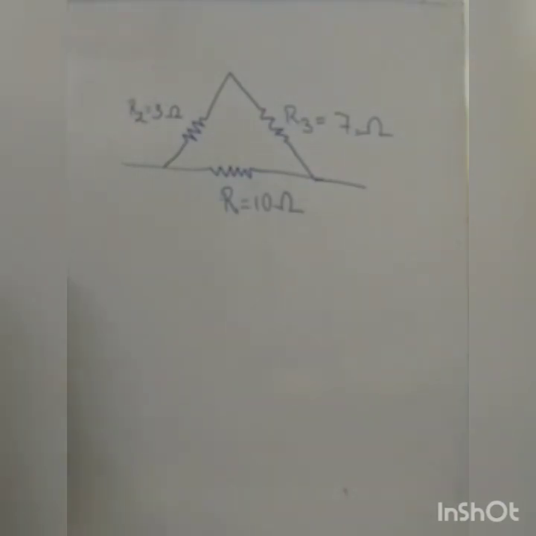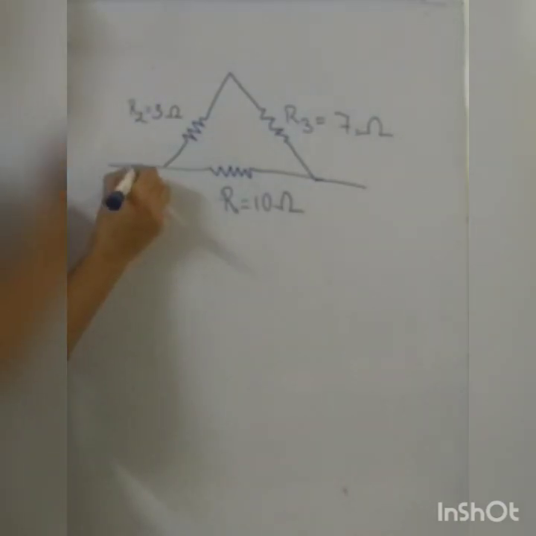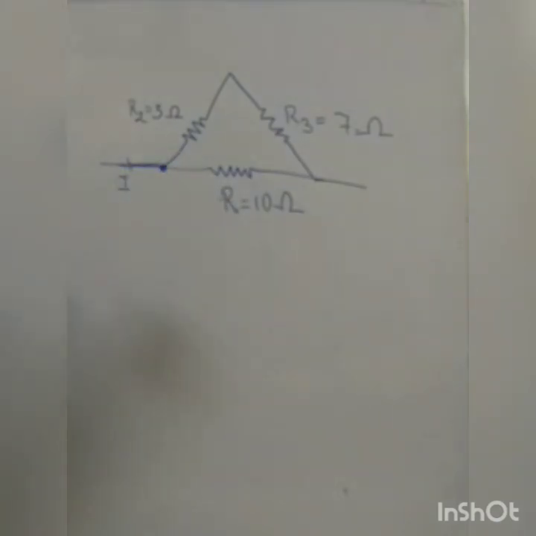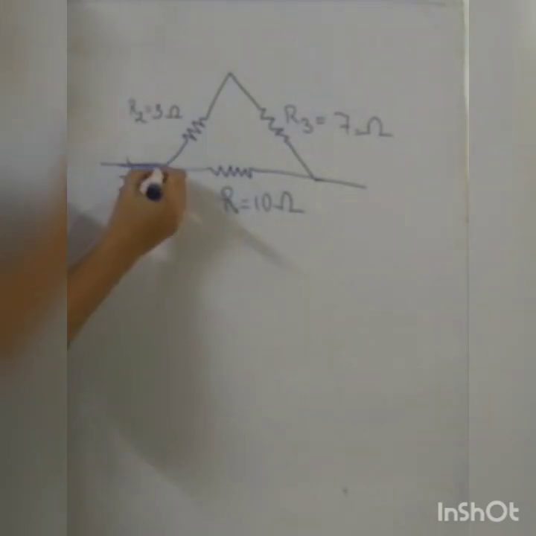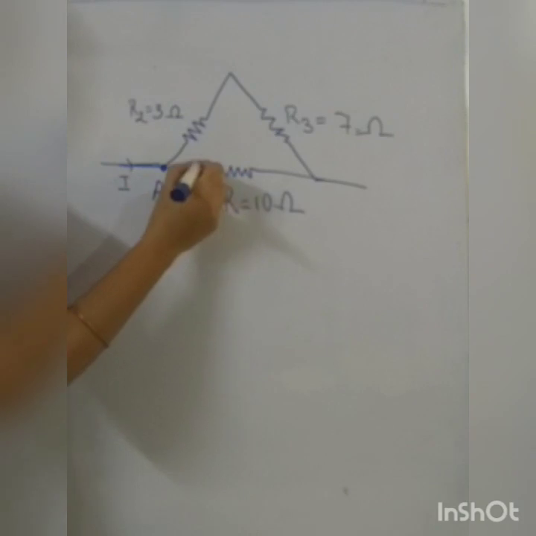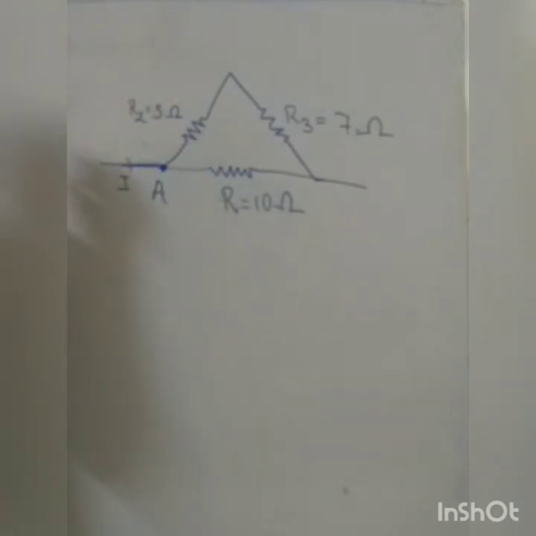So I will move from left to right. Let's say when I move from left to right, my current I is flowing. After coming to this point, this is the junction or the terminal where two resistance are joined together. So at this point, we will name it as A. There is R1 resistance and R2 resistance.